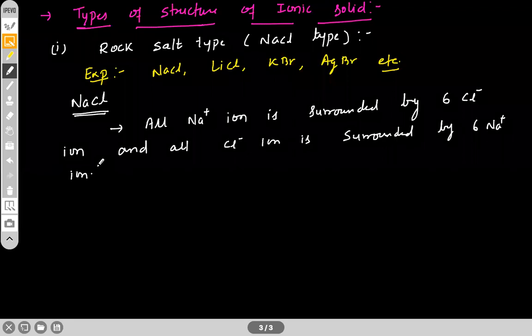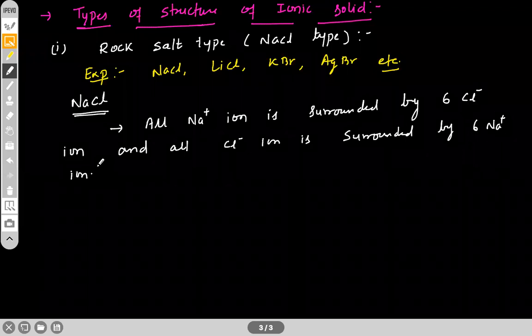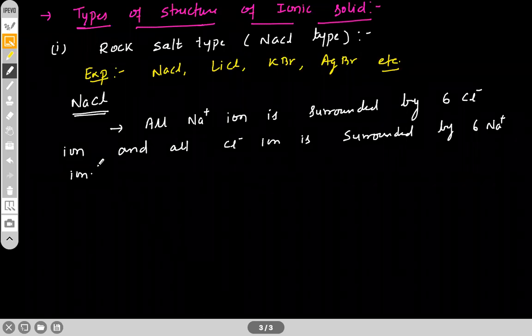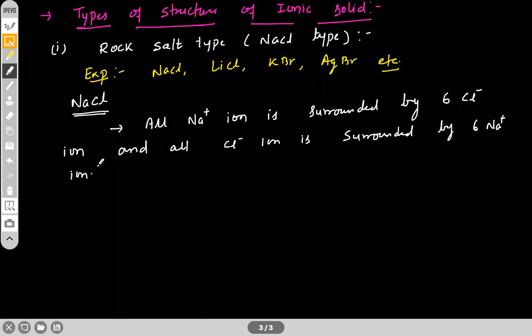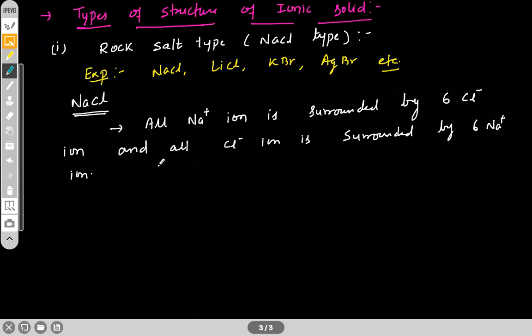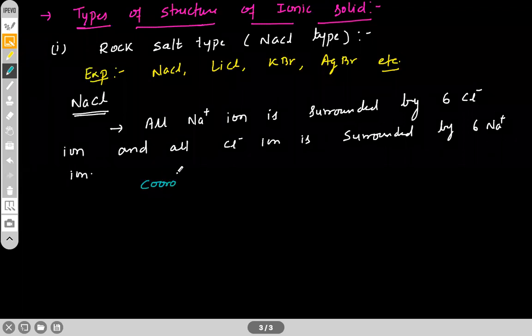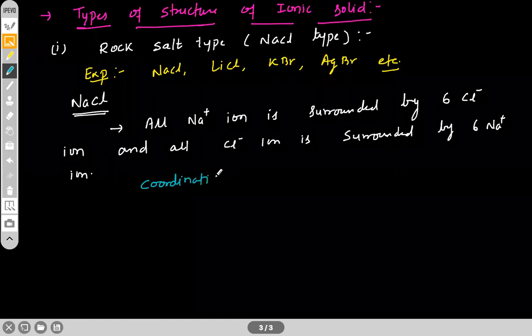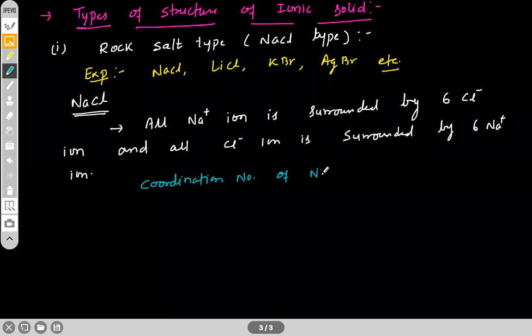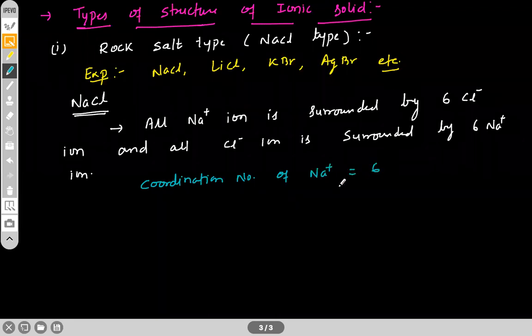Hence the arrangement here, we call it 6:6 arrangement. If I talk about the coordination number of each ion, since Na plus is surrounded by 6 Cl minus, the coordination number of each Na plus ion is 6.